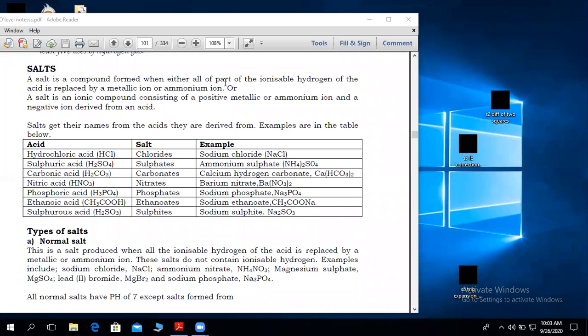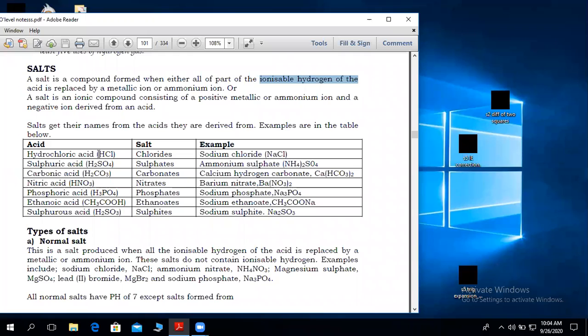It is a compound formed when either all or part of the ionizable hydrogen of the acid is replaced by a metallic ion or ammonium ion. The key important thing there, I'm again saying, is the hydrogen of the acid.